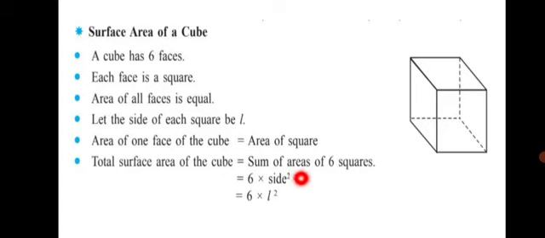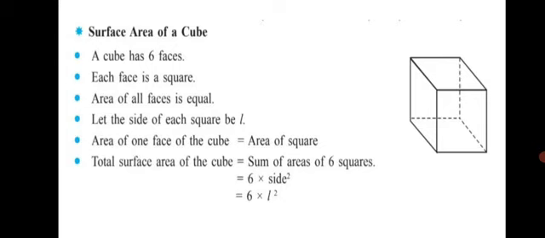So 6 into side square is a formula for surface area of a cube. And if we take the side to be L, then you can write it as 6 into L square, where L represents the side. So this way, we are going to use 2 formulas to solve this practice set.